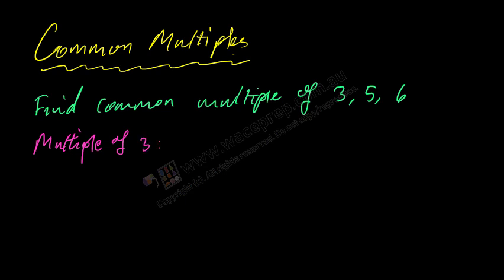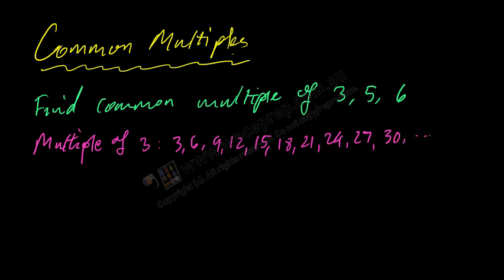Multiples of 3 would be 3, 6, 9, 12, 15, 18, 21, 24, 27 and 30 and so on.